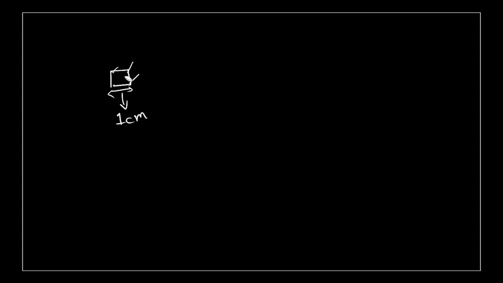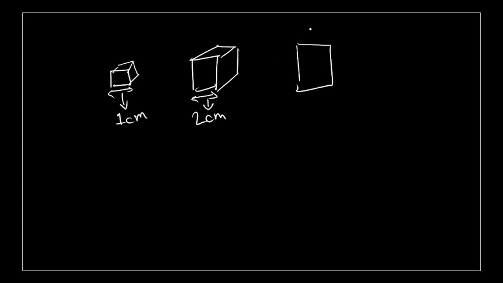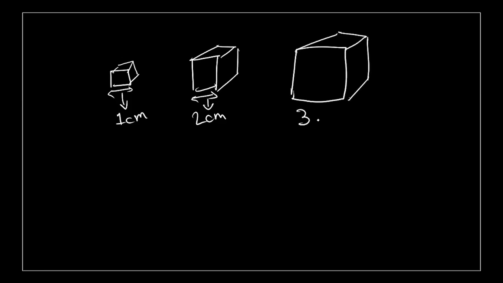Now it is growing bigger and bigger. Here it grew bigger, and now the length is 2 centimeters. And again it grew even bigger, and now the length is 3 centimeters.